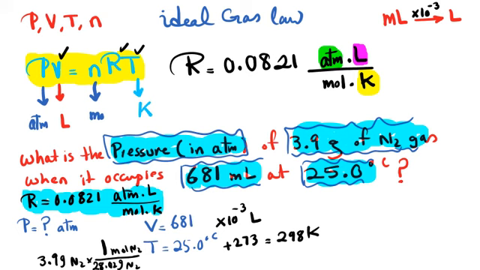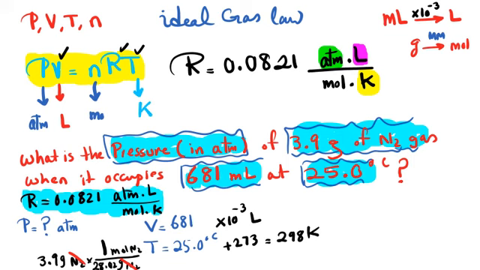If we don't convert to moles of nitrogen, it cannot be solved correctly. So whenever you have grams, you need to convert to moles by using molar mass.